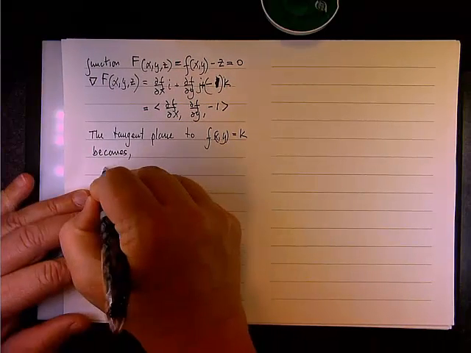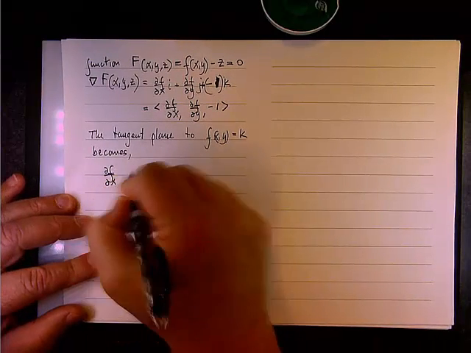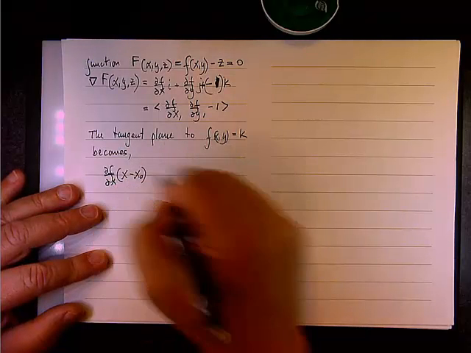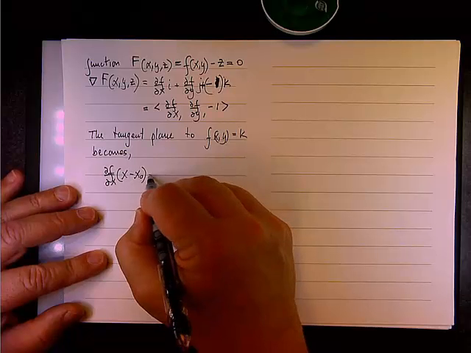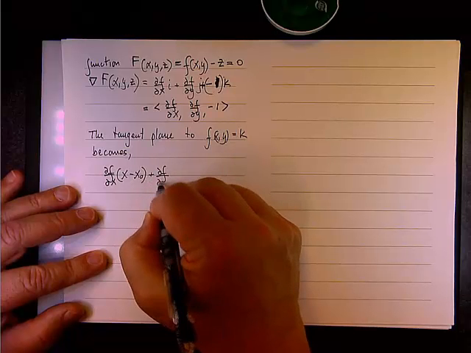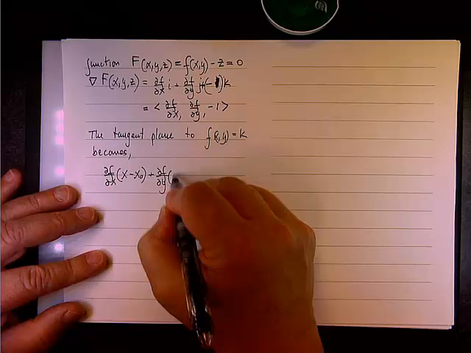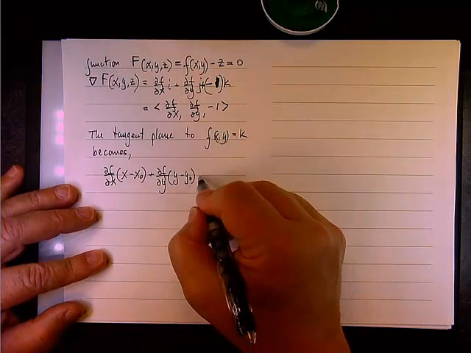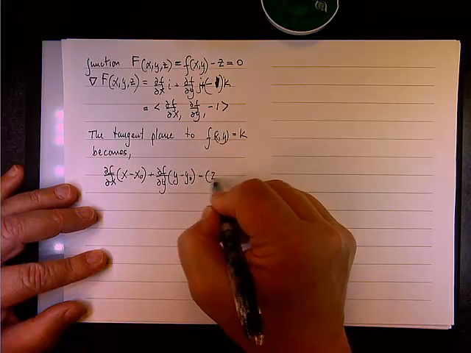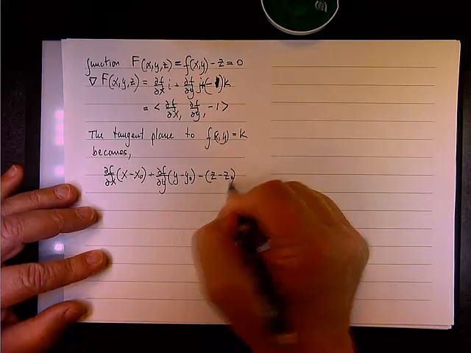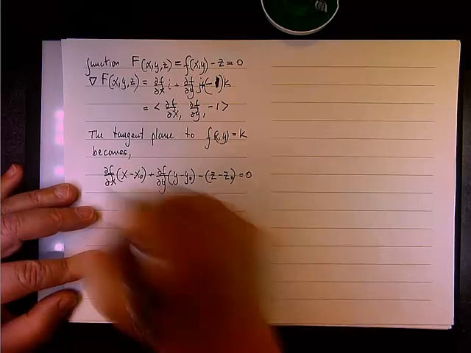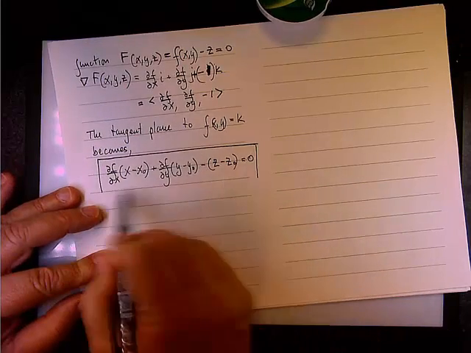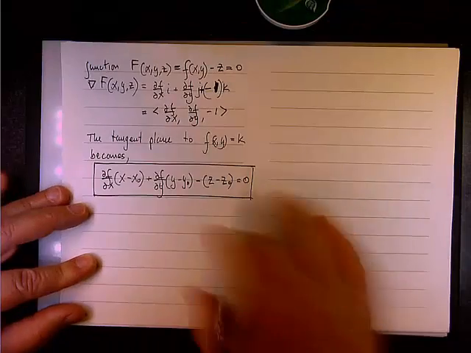And indeed, that's the case. So for a two-variable function, you'll have the i component of the gradient times x minus x sub 0, then the j component of the gradient, del f del y, times y minus y sub 0, and del f del z is -1, so you have a negative z minus z sub 0. And all of it equals 0. So that will be the equation of a plane when you have two variables.